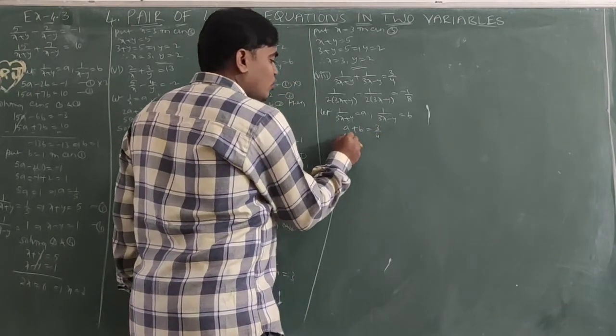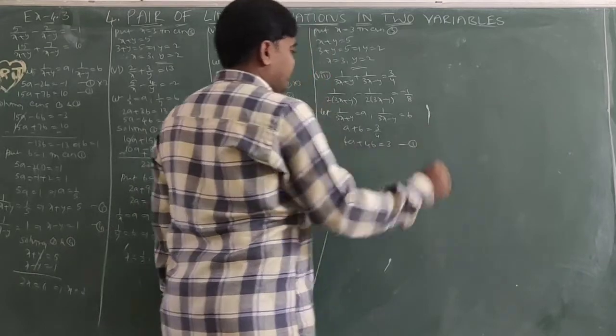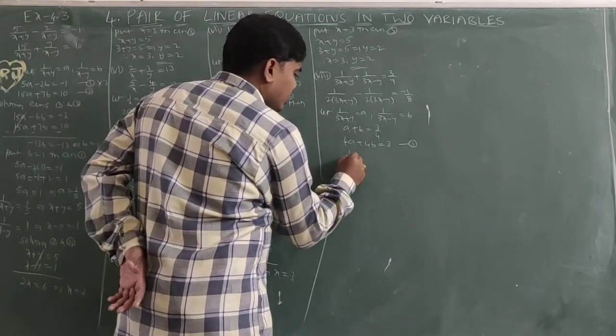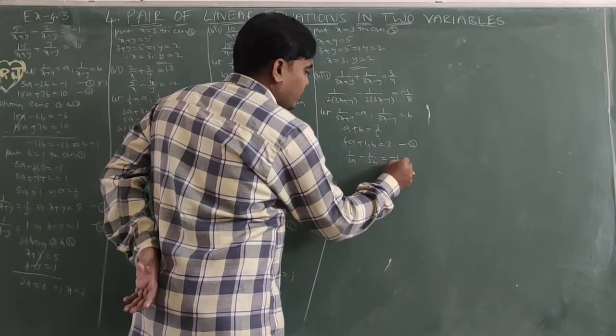Cross multiply now: 4a plus 4b equal to 3. Equation 1. Now 1 by 2a minus 1 by 2b equal to minus 1 by 8.